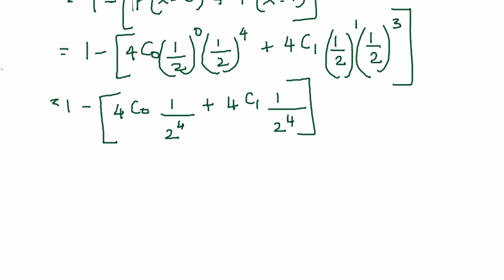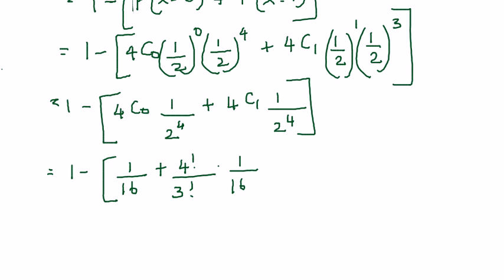Alright, so I'm going to write this as 1 minus 4C0, which is nothing but 1, and so this becomes 1 by 16, plus 4C1 is nothing but 4 factorial divided by 3 factorial into 1 by 16, which is nothing but 1 by 16 plus 4 by 16.